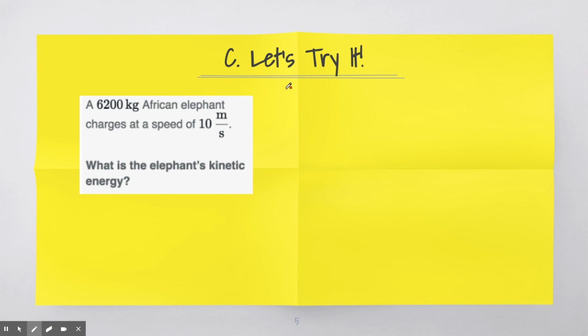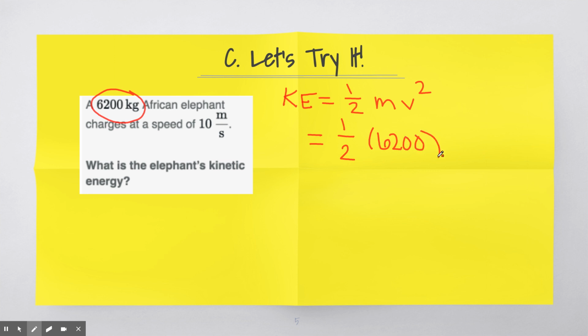Well, I know that in order to find the KE, the kinetic energy, I take 1/2 times mass times velocity squared. My mass is 6,200 kilograms, so I'm going to plug that in. 1/2 times 6,200 kilograms.